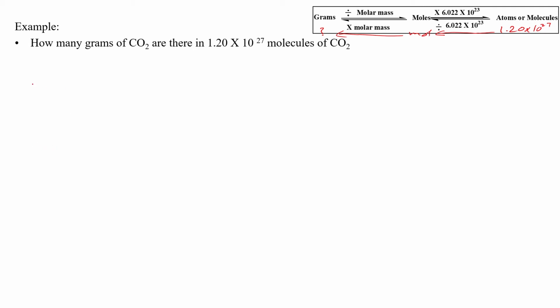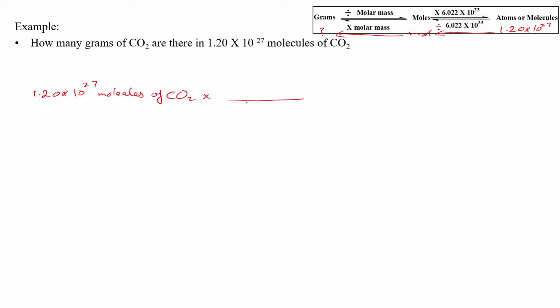So let's just start: 1.20 times 10 to the 27 molecules of CO2. To convert the molecules to moles, we will be using Avogadro's conversion factor. And Avogadro's conversion factor is 1 mole of anything equals this Avogadro's number, right?